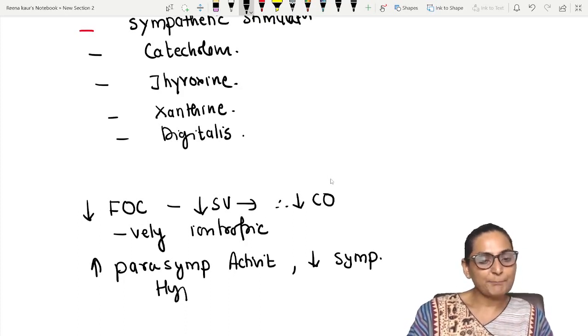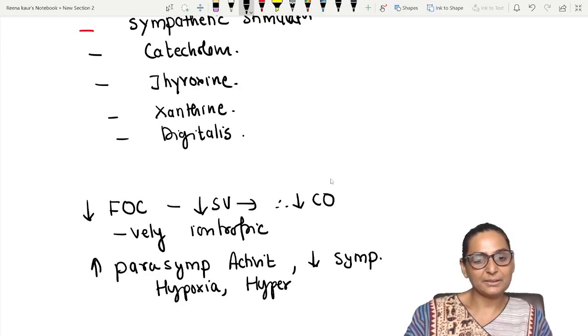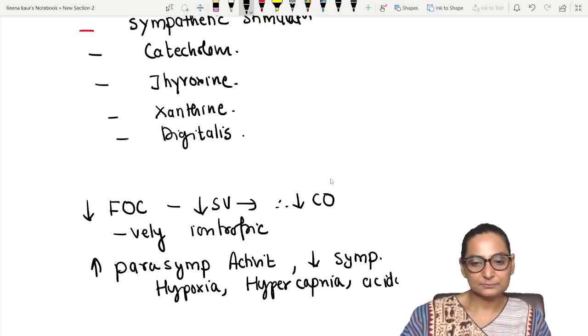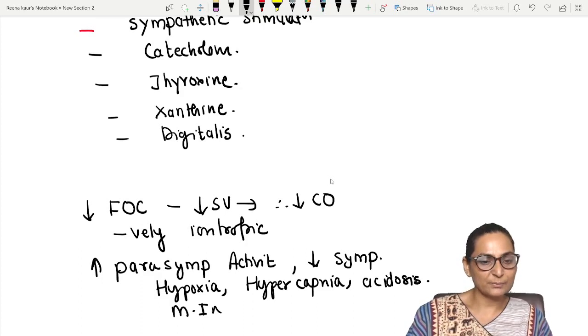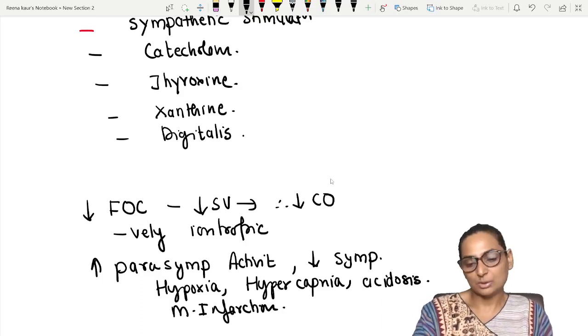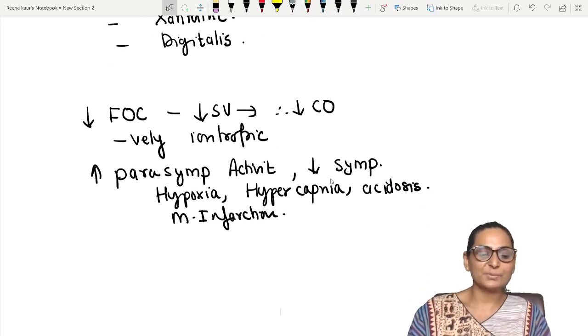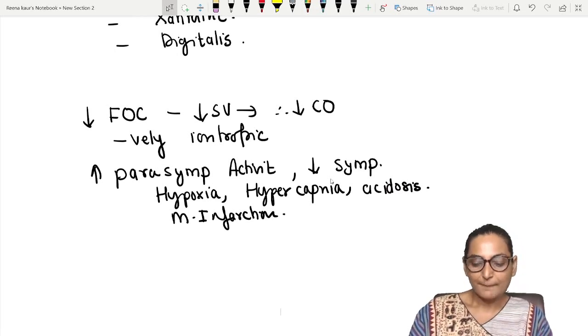Conditions like hypoxia, decreased oxygen at tissue level, hypercapnia, excess exposure to CO2, then even acidosis, right? Myocardial infarction, where you are decreasing the compliance of the heart, are the negative inotropic factors which are going to decrease the force of contraction.